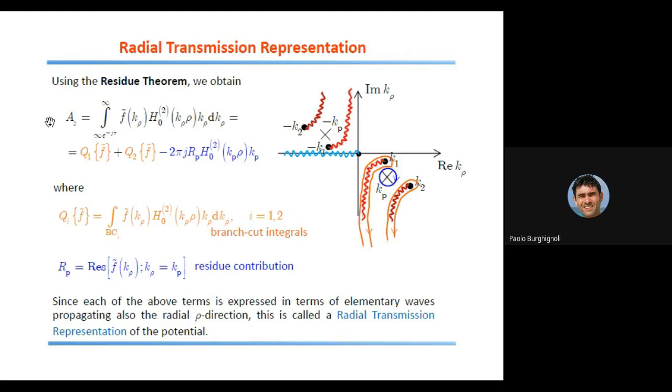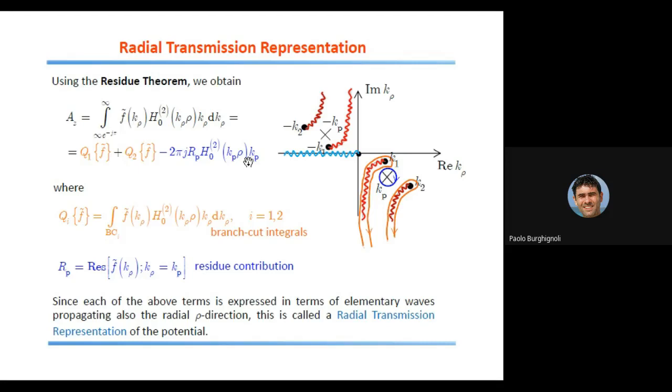So in the end, our potential is given by an integral along the branch cut associated with K1. This is the Q1 operator here. The integral around the other branch cut that goes from the branch point K2 is given by this Q2 operator. And finally, in blue, you can see the residue contribution that comes from the pole.